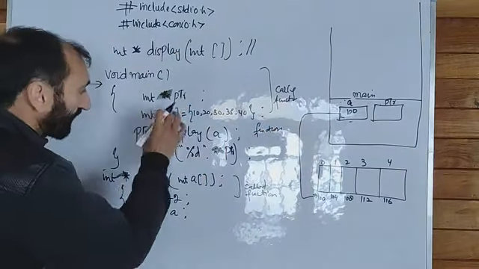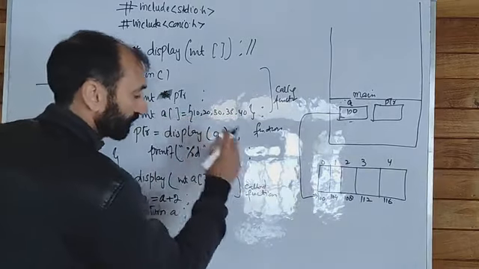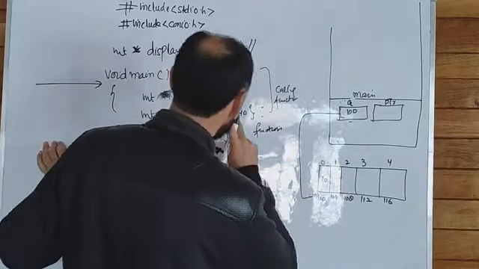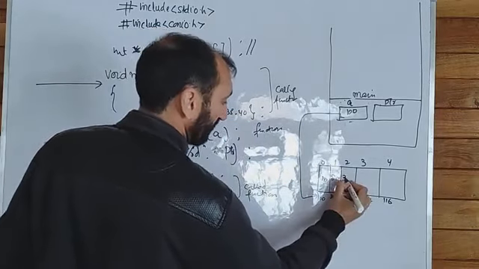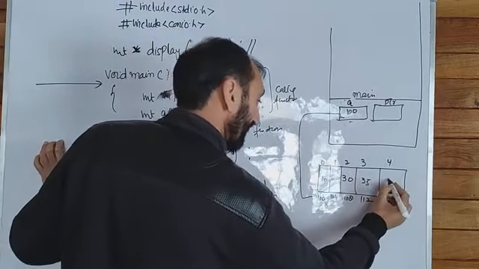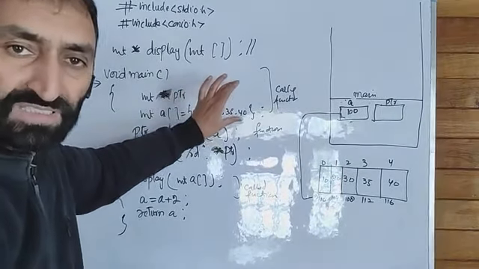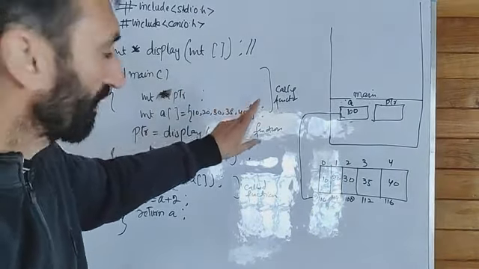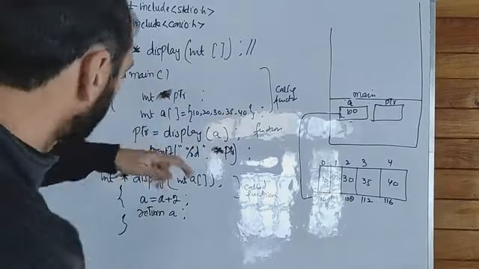After execution of this line, the first location contains 10, second location contains 12, third location contains 30, fourth location contains 35, and the last contains 40, because I have done the compile time initialization. That means I have initialized it as the declaration takes place, at the same time.